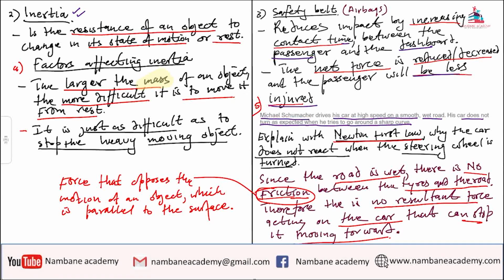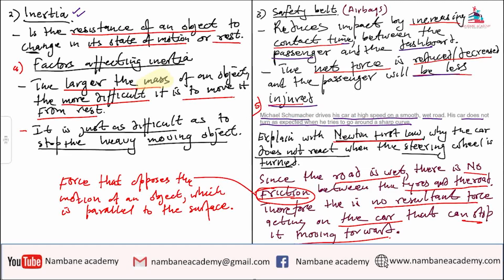However, once there's a car, what happens? The driver puts on the brakes, and what happens? As the passengers, we move forward and go back to our normal position. So this is the resistance of an object to change in its state of motion or rest.